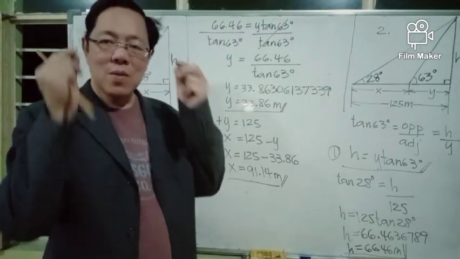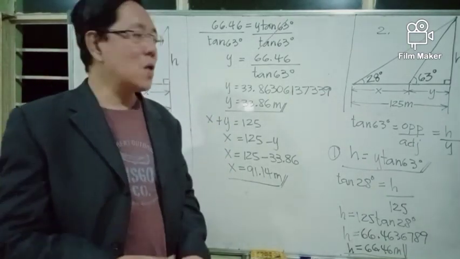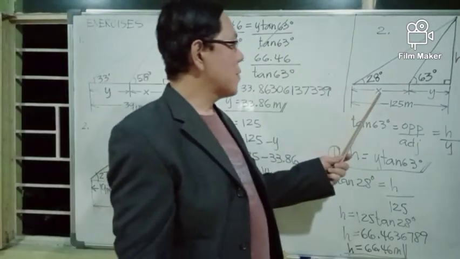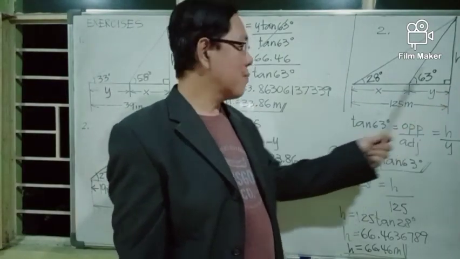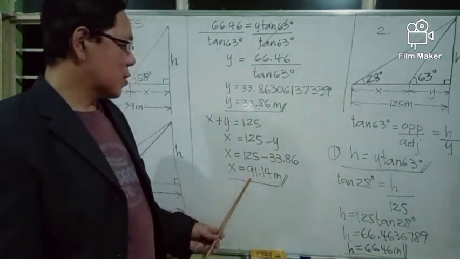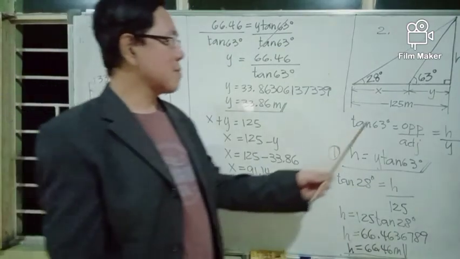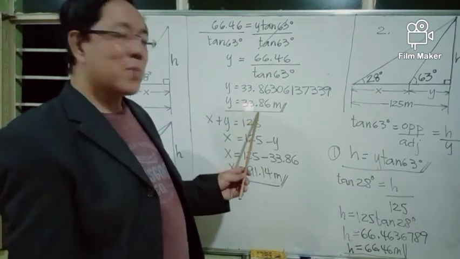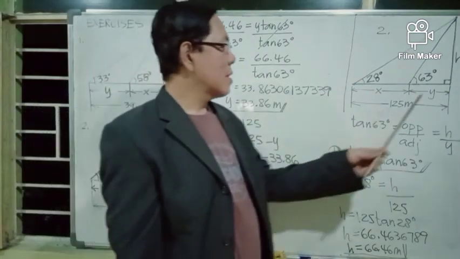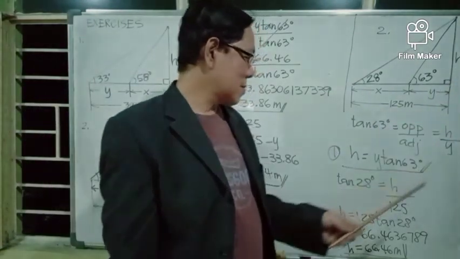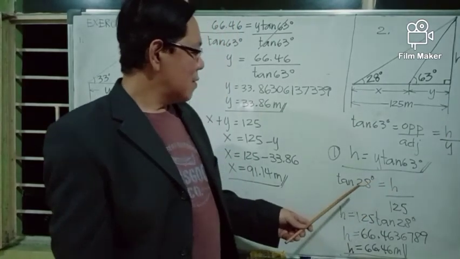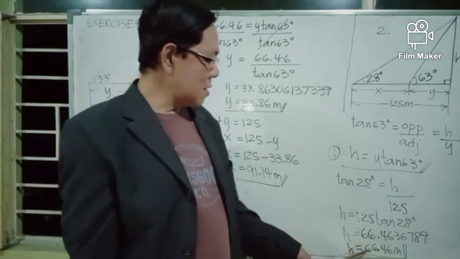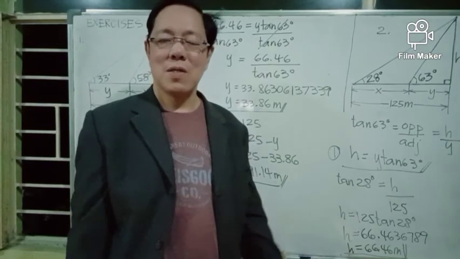That completes our solution. We have found all the values of the unknown variables in the diagram. X is 91.14 meters. Y is 33.86 meters, and h, the first variable we found, is 66.46 meters.